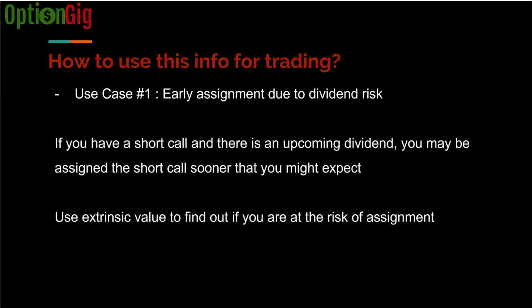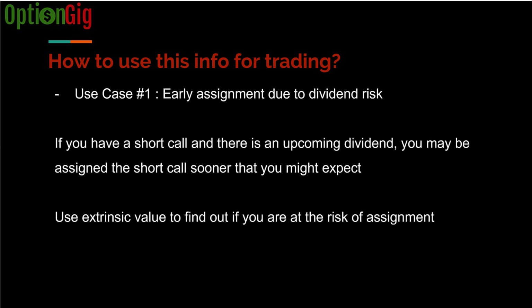Moving on, let's understand how we can use this particular information about extrinsic value and intrinsic value breakup to make smarter trades. One use case that comes to my mind is, how can you find out if you are at a risk of early assignment on a short call because there is a dividend coming up?